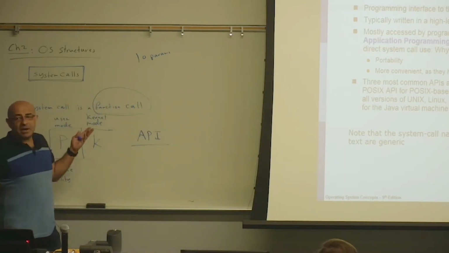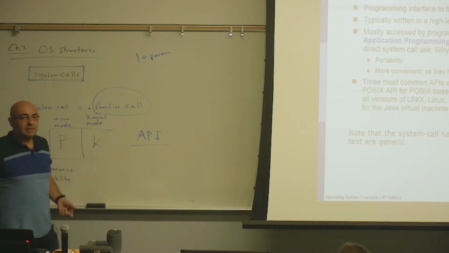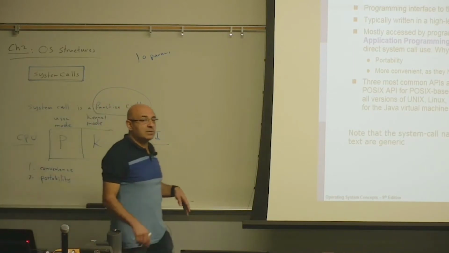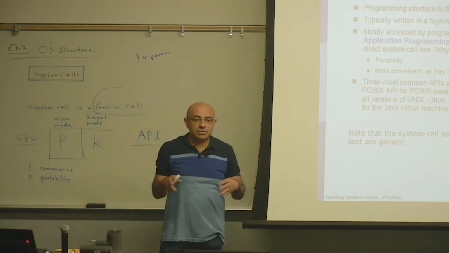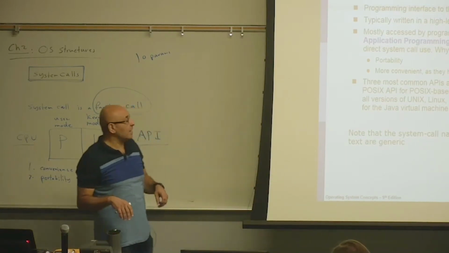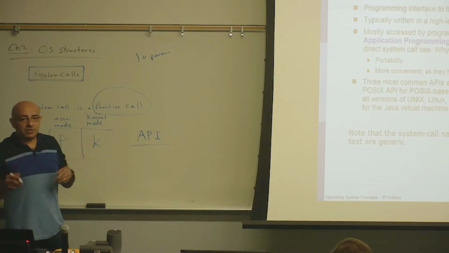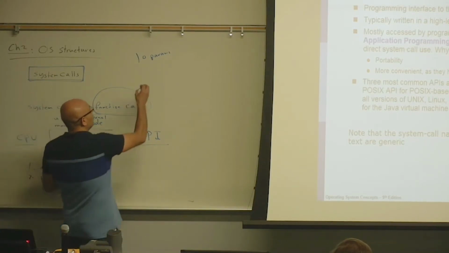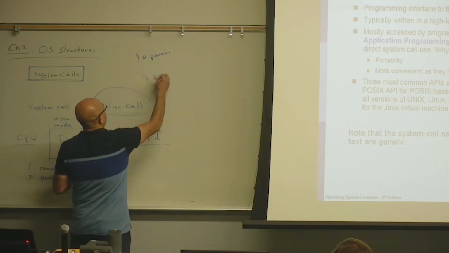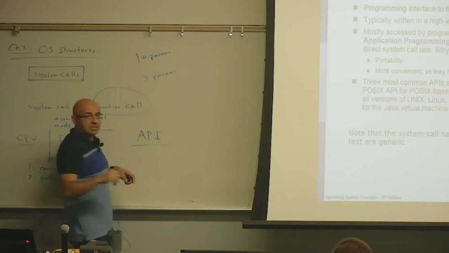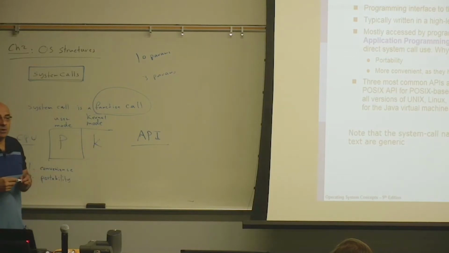So an API will just set these parameter values to those commonly used defaults, and then the API will only require the user to specify 3 or 4 parameters. So it's just a wrapper that will make the system call easier to use.